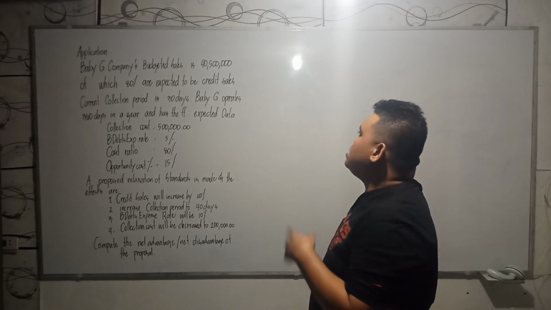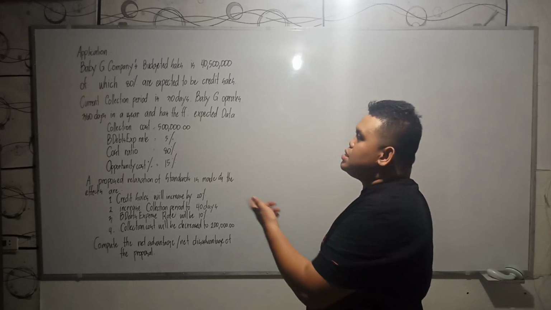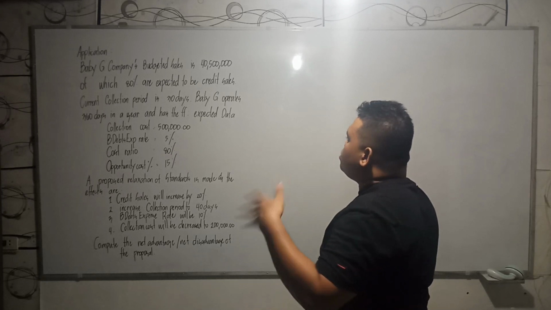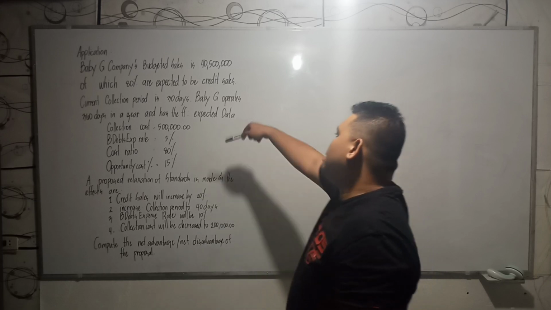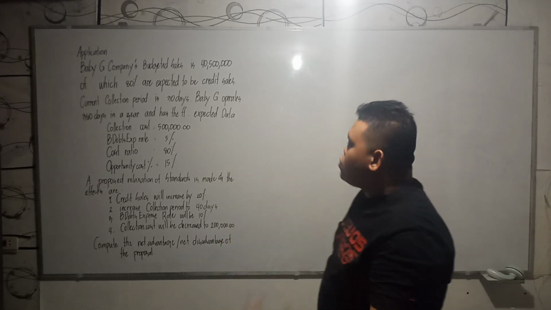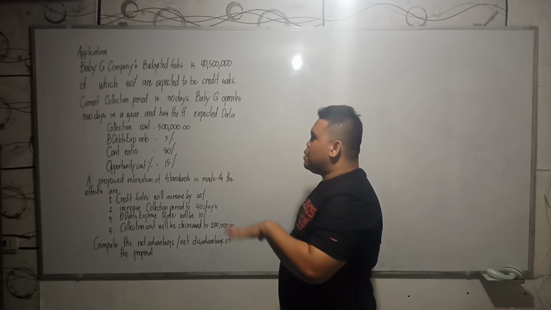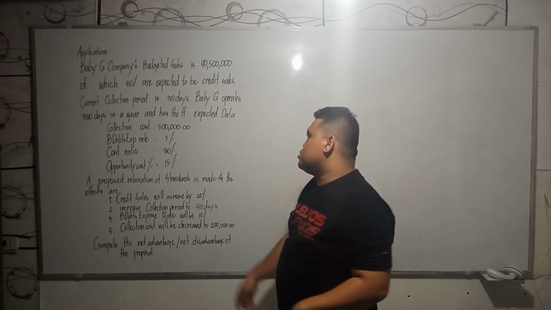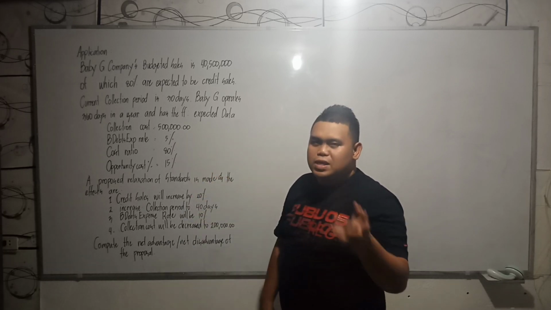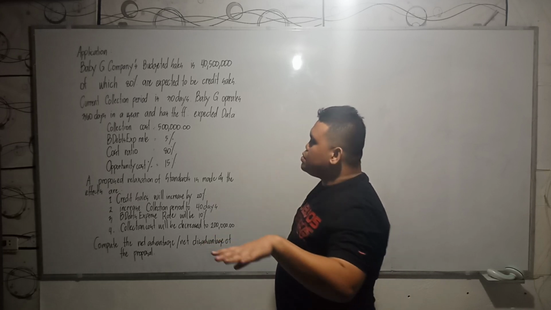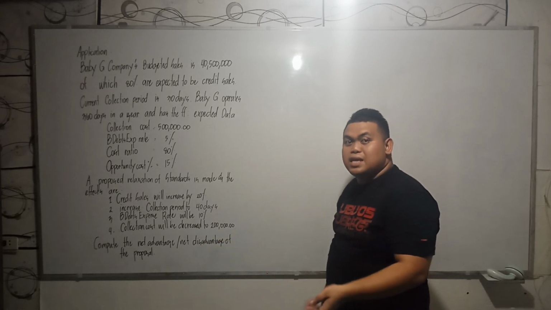And BBG operates 360 days in a year and has the following expected data because it's still a budget. So the collection cost is estimated to be 500,000. The budget's expense rate is 5%. So since this is silent, let's treat that one as 5% based on the credit sales.